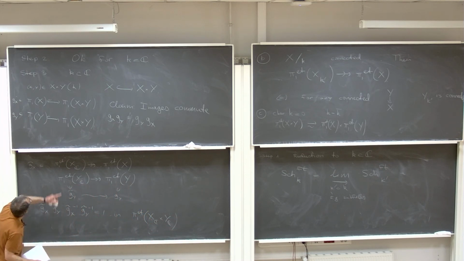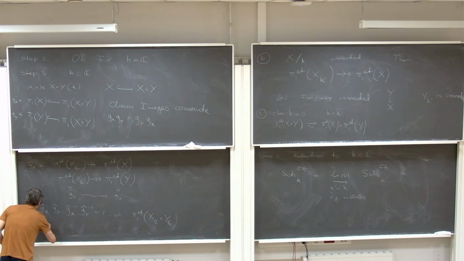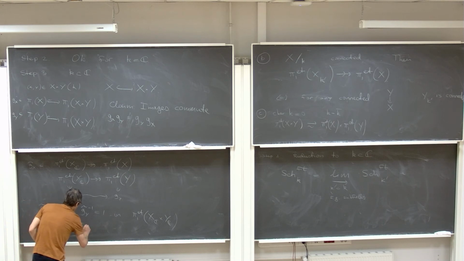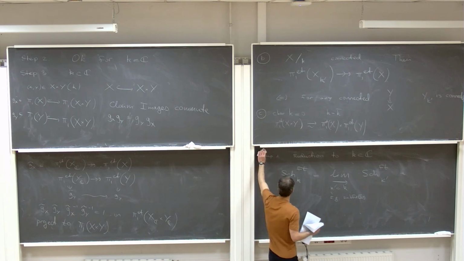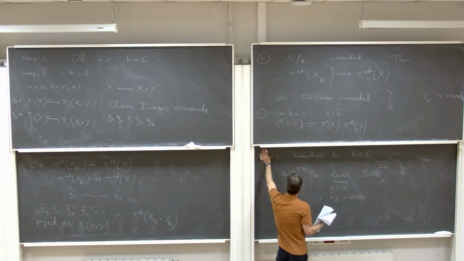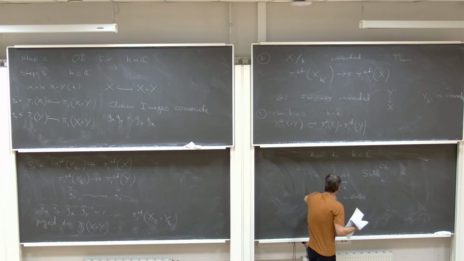All right, because you know step 2. And then project to pi1 of X times Y, and you get the statement. So we are done with the claim.